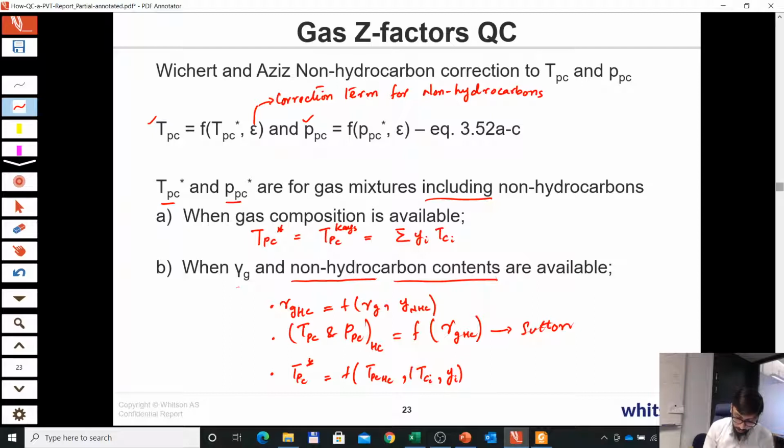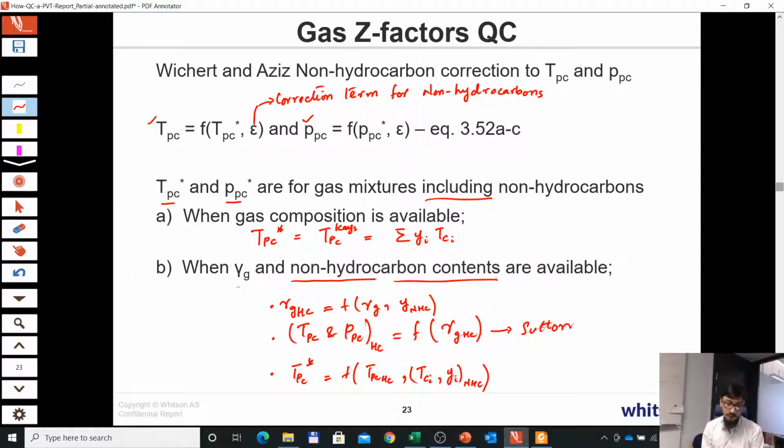So this is valid for non-hydrocarbon components. You need the entire mixture TPC of the hydrocarbon mixture, the individual component TC, and the amounts of the non-hydrocarbon components. So these three steps are needed.